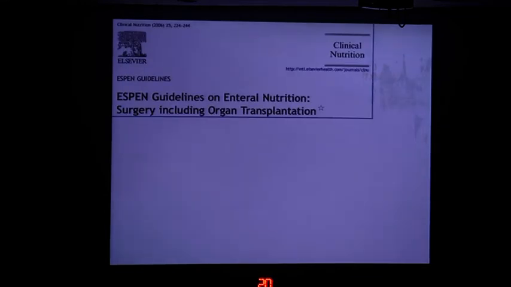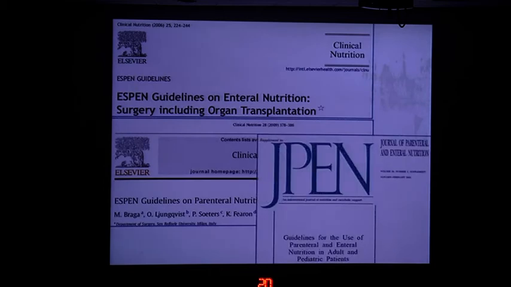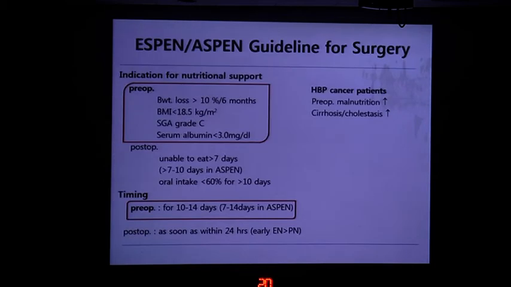So for nutrition, ESPEN, the European Society for Parenteral and Enteral Nutrition, and also ASPEN, the American Society, recommend that for these patients, with body weight loss of more than 10% in 6 months, or BMI less than 18.5, or SGA, subjective global assessment, a nutritional screening tool, Grade 3, which means severely malnourished, and serum albumin less than 3, should have preoperative nutritional support.